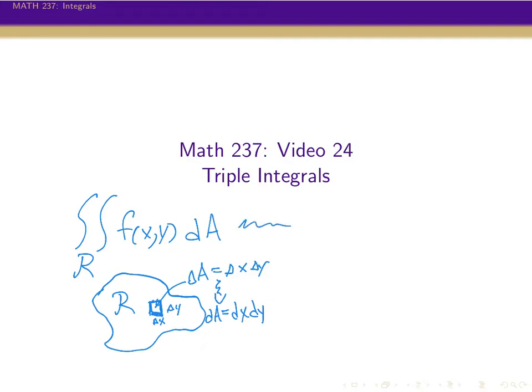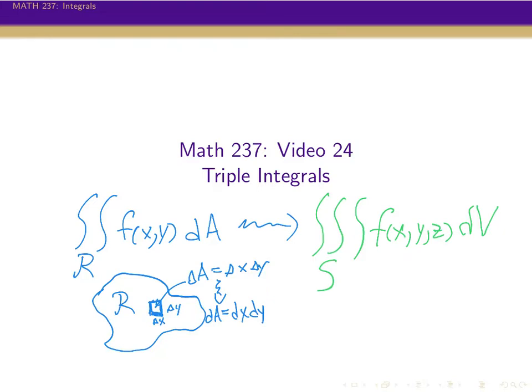So moving up one more dimension, now we're going to have triple integrals where we're integrating over some solid. Perhaps we're integrating some function that has 3 variables in it. And now, rather than little bits of area, we're going to have little bits of volume. So we're going to use dV as our measure.